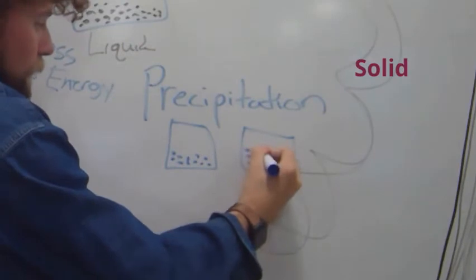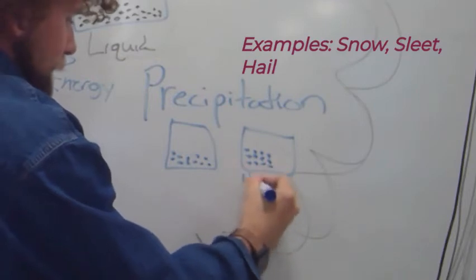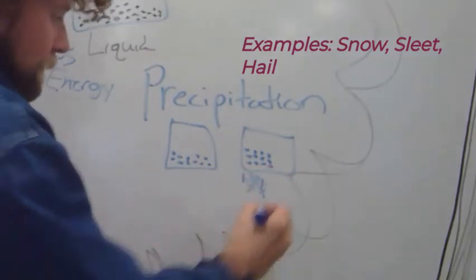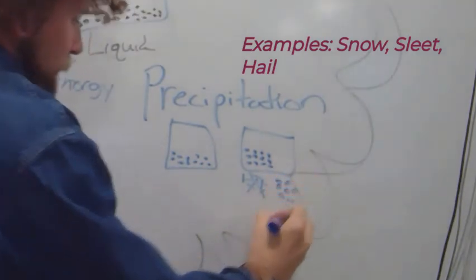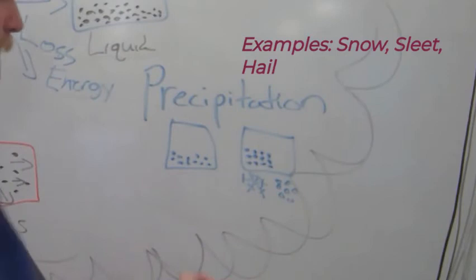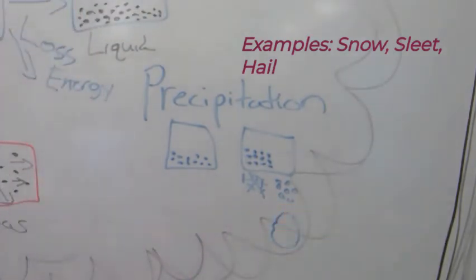And when it turns into a solid, it can be a couple of different things. It can be things like a fun little snowflake. Sometimes it's a little bit of some sleet, which is like small little crusty bits of ice. And sometimes it can even turn into a big old ball of hail. Hopefully it just falls on the ground and does not dent anyone's car roofs.